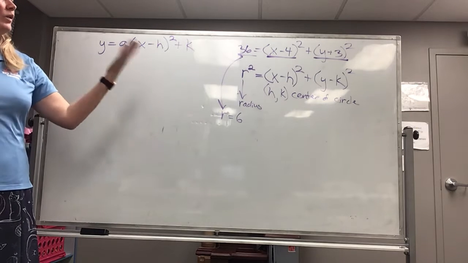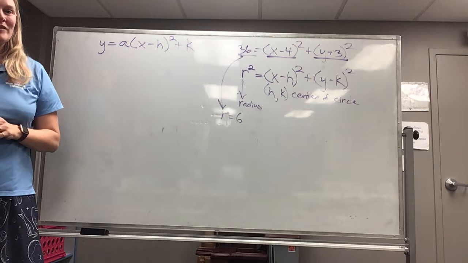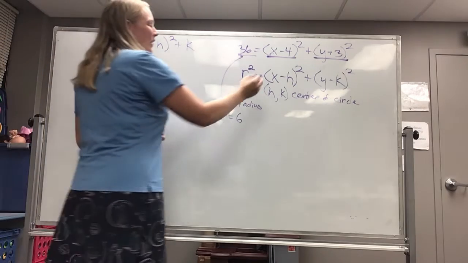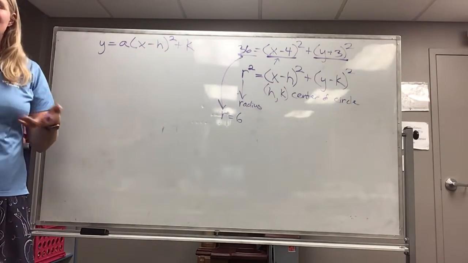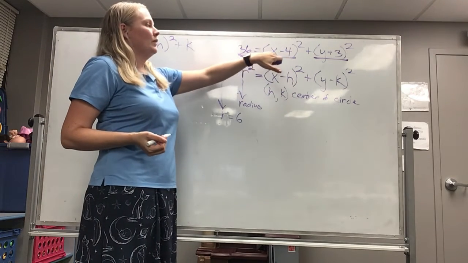So where would the center of our circle be? Again, I don't keep track of the minus plus because it makes me crazy. I just look at it as what makes this 0.